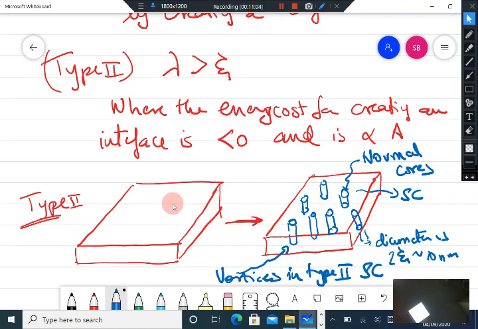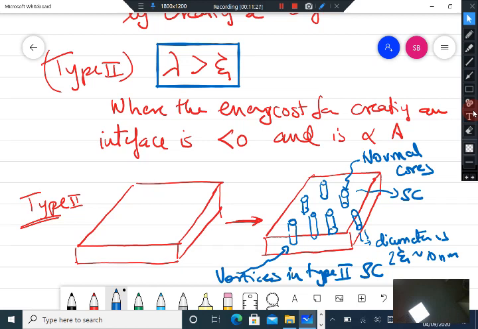You increase the surface area greatly by breaking the superconductor into normal and superconducting regions, and this is a characteristic of type 2 superconductors. The type 2 superconductors have a lambda which is greater than xi, and they go from a completely homogeneous superconducting state into a state where the superconductor has normal and superconducting regions.